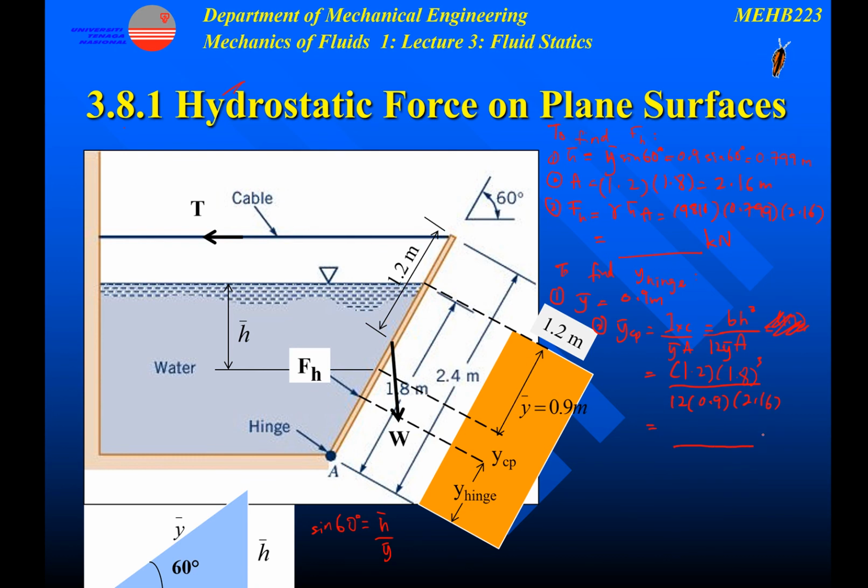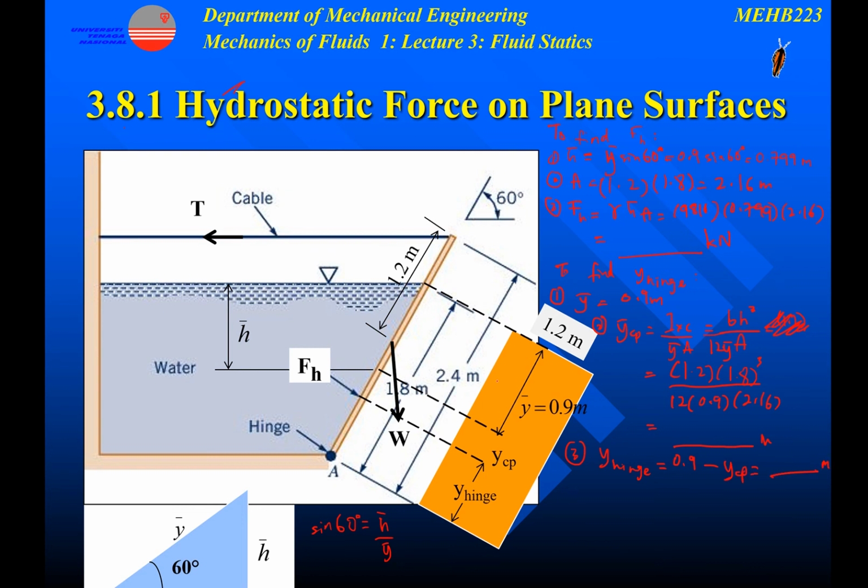You should get this in meters. Then y hinge is half of the gate, 0.9, minus yCp.